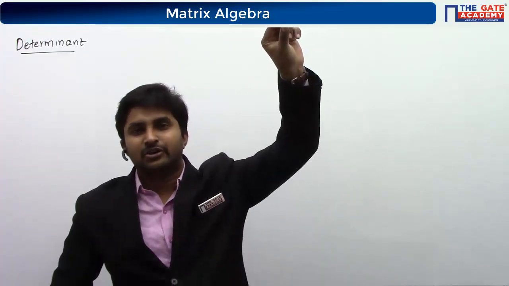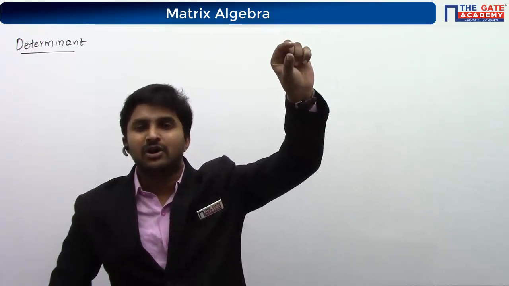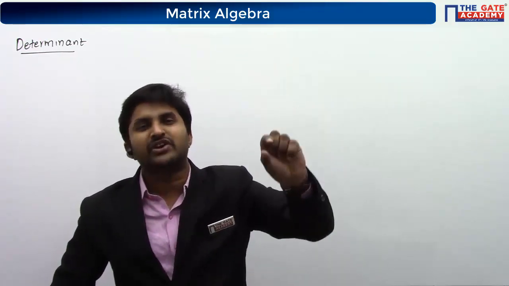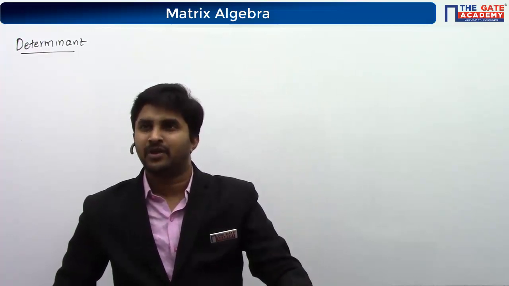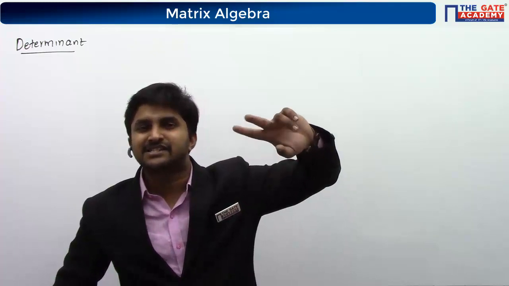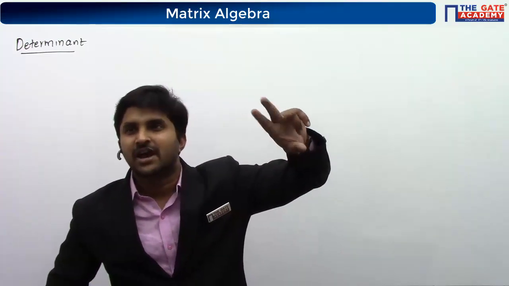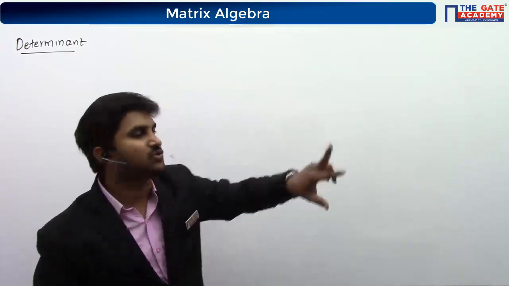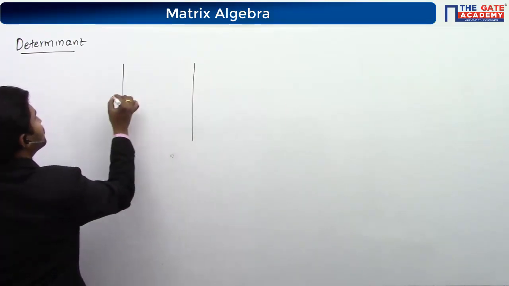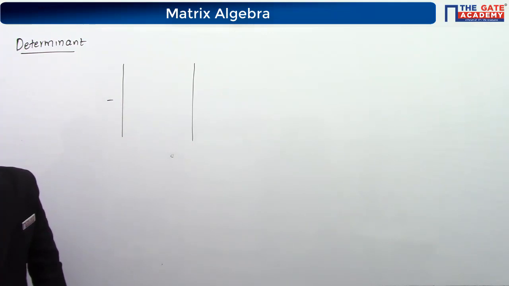If my top row's first element is 0, I cannot use this particular row to make the remaining rows' first element 0. So what I'm going to do is interchange the first and second rows. So what happens naturally is that when I interchange the rows, the determinant is going to be multiplied by minus.